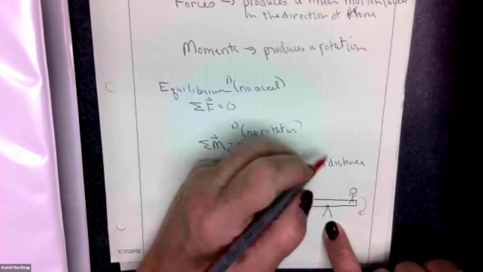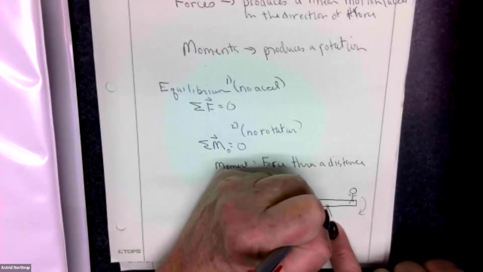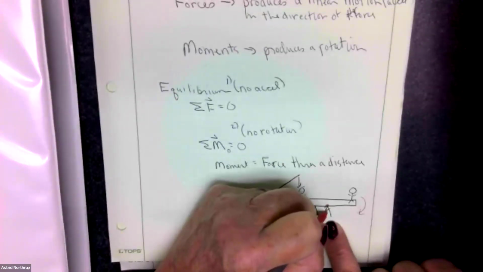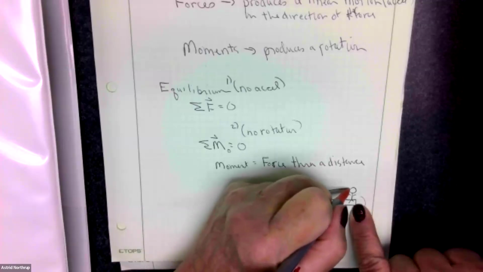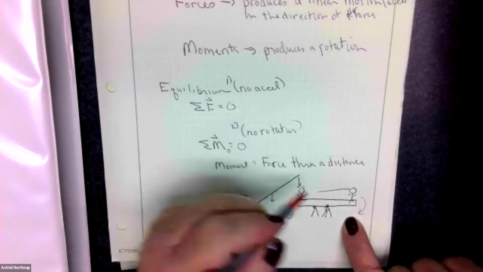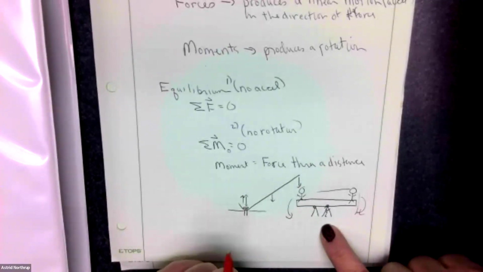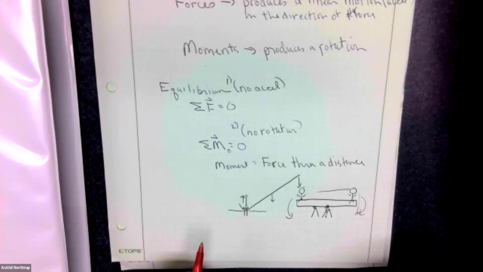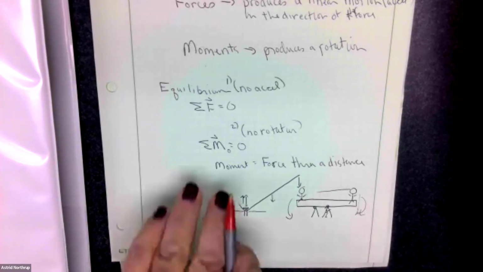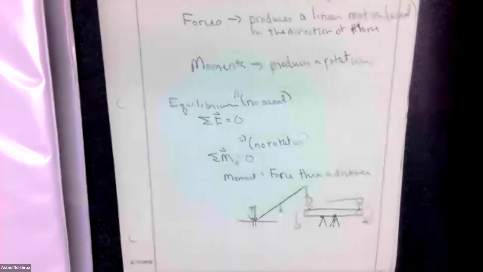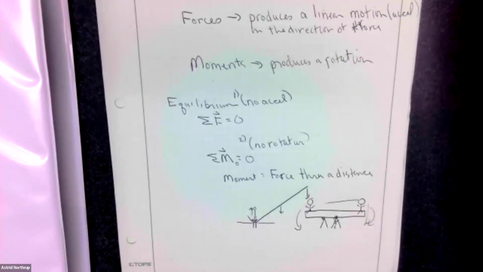But if you move that pivot point, say to here, then this child, even though he or she weighs the same as this child, is going to pull that teeter-totter down. That used to be a famous trick of older brothers and sisters to keep their younger brothers and sisters suspended in midair for long periods of time. So the kid had to jump off eventually. But anyway, those are just some examples of moments.